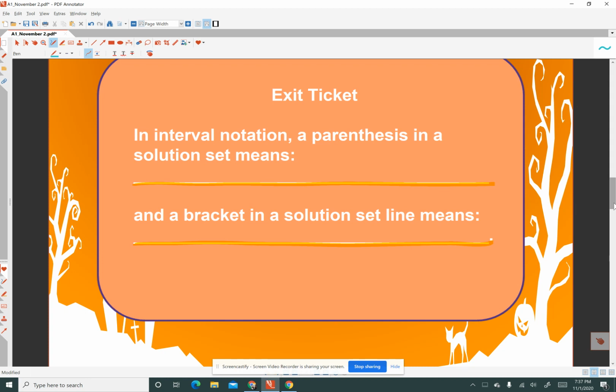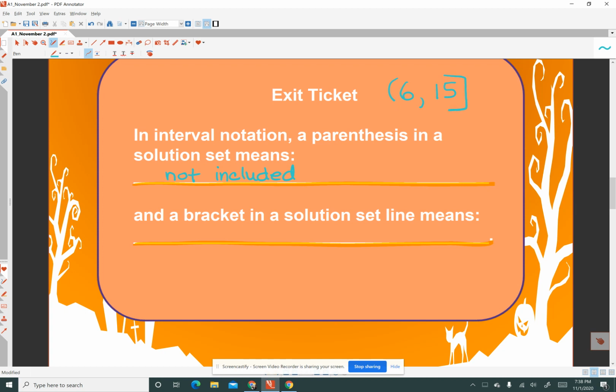So the parenthesis means not included in the answer set. That means that the number around which the parenthesis is placed is not included. So if we have (6, 15], that would mean the 6 is not included in the answer set.